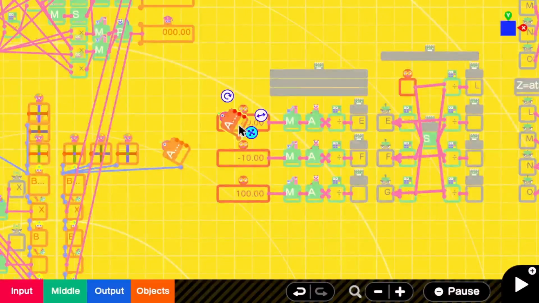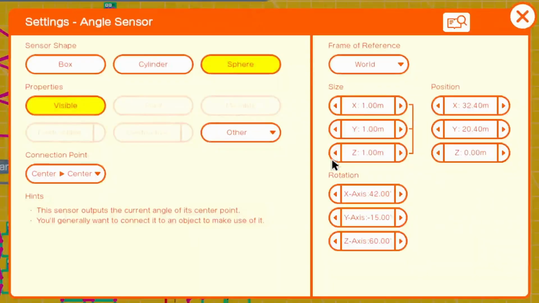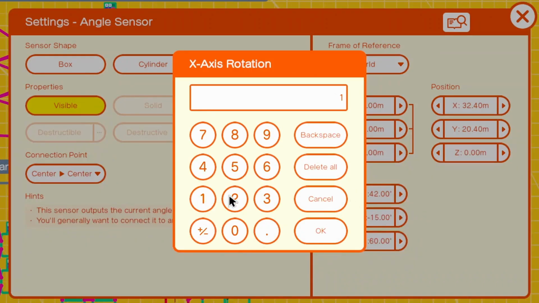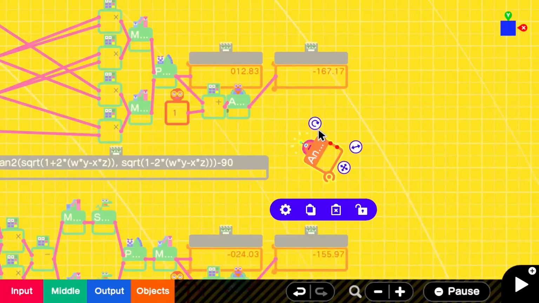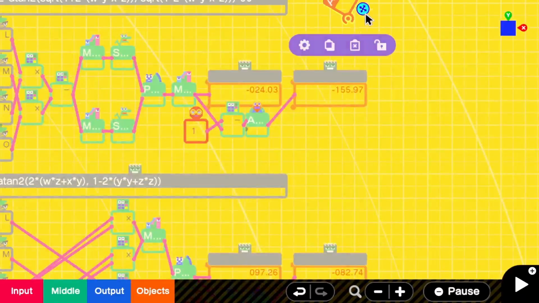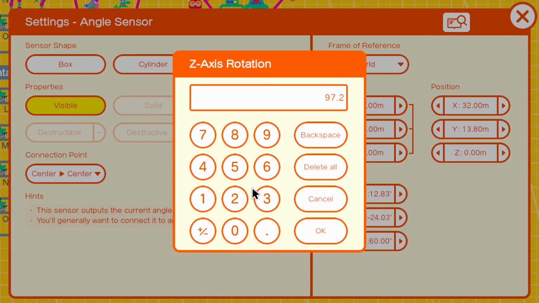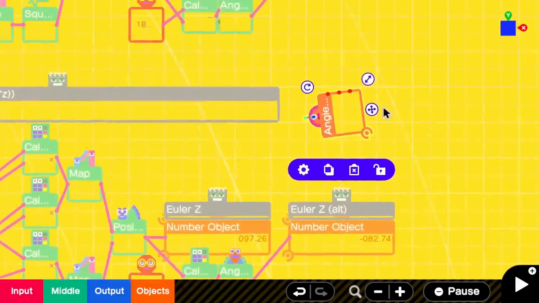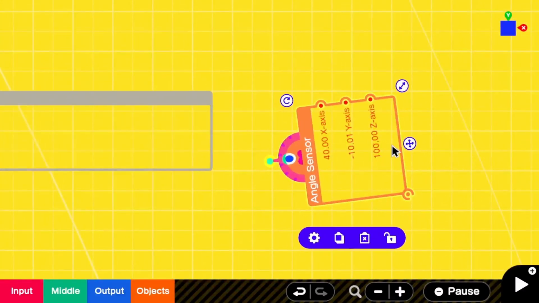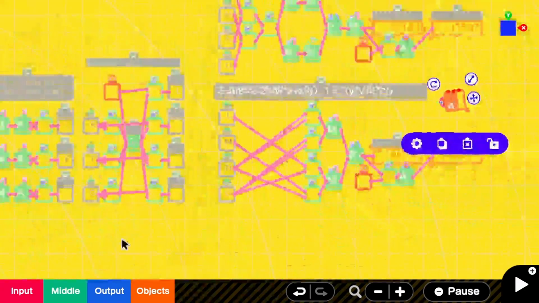Then when we look at the outputs shown here, it says 12.83, negative 24.03, and 97.26. And now you will see that the output of this angle sensor will be approximately close to what we originally wanted here.